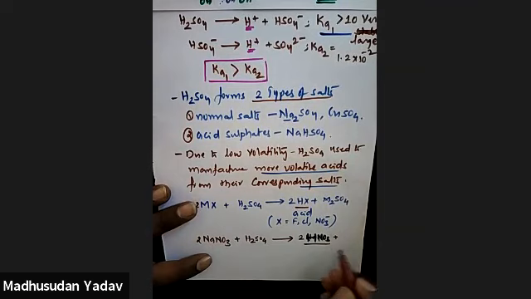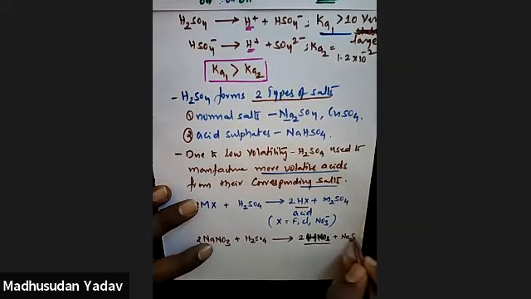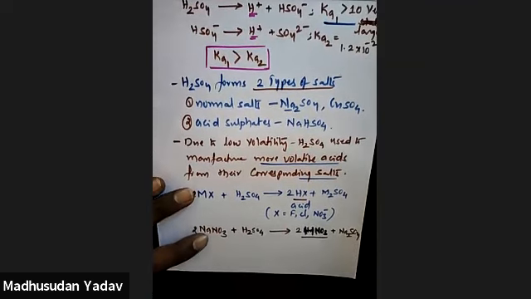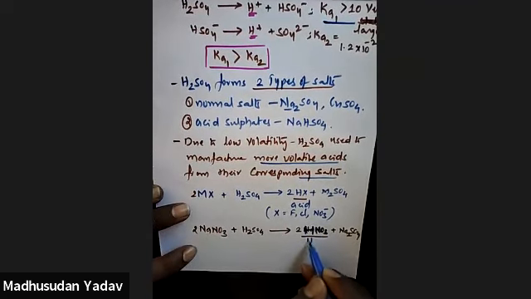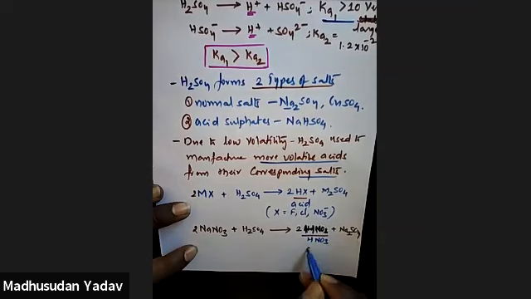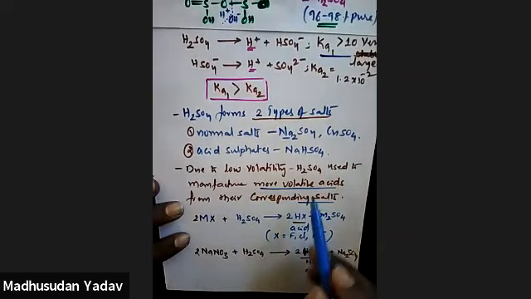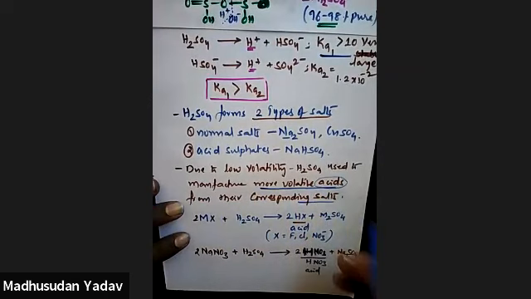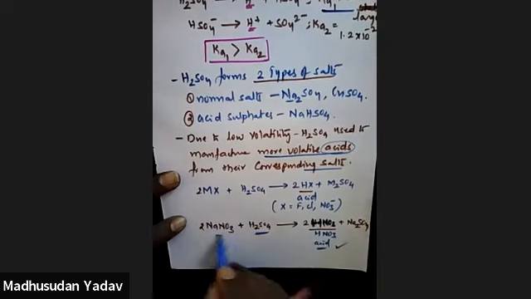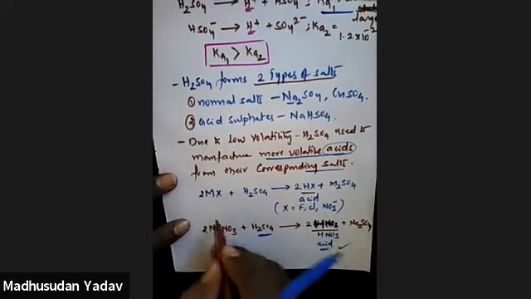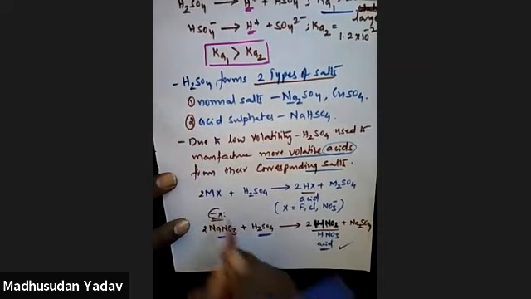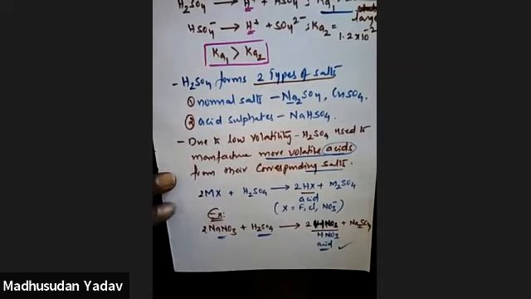Acid is formed or not? Yes, 2 moles of acid. So this HNO3 is an acid. What they are saying is that sulfuric acid is used to manufacture more volatile acid from their corresponding salt. So this is an example for this equation, okay guys.